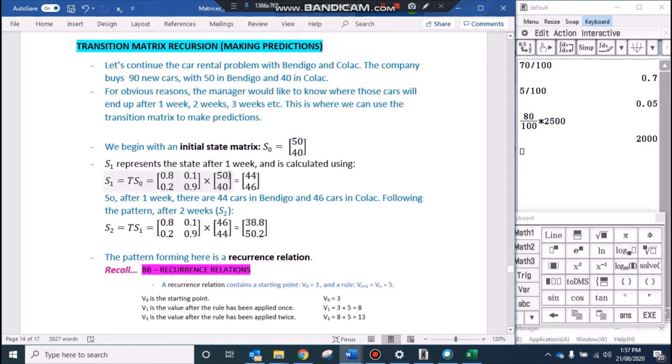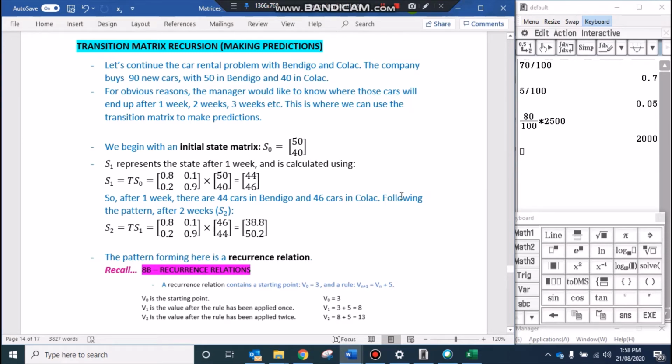So we multiply that by our initial state matrix, and you could either do it by hand because it's not a very big calculation, or you could put it into your calculator. You would end up with 44 and 46. So because we know 44, the first element represents the cars in Bendigo, we know that after 1 week, there are 44 cars in Bendigo, and there's 46 cars in Colac.